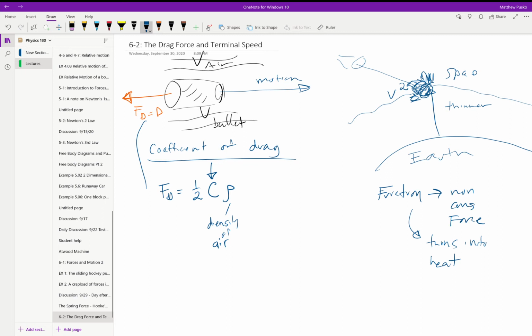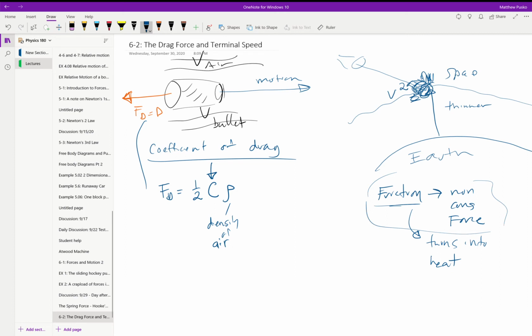It produces some level of infrared due to the heat. There's also sound. Sound is actually energy. If you're losing energy to something like sound or heat, we cannot turn that back into mechanical energy. And we'll learn all about that in the next unit. I just like giving you a heads up. And this is mainly to point out friction is non-conservative, and so is the force of drag.